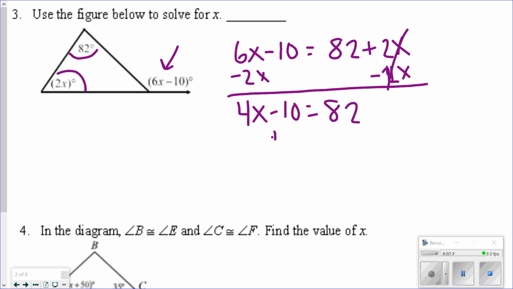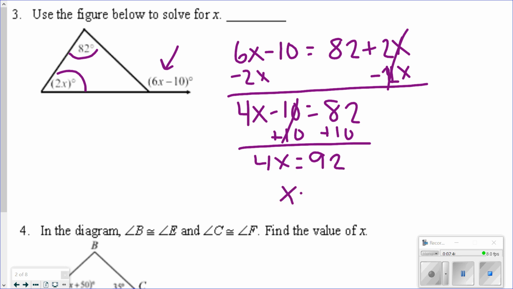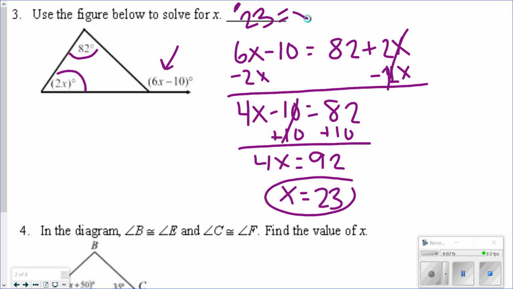Then I'm going to add 10, so 4x, that cancels, is equal to 92. Divide by 4 on each side. X then is equal to 23. So my answer is 23 is equal to x.